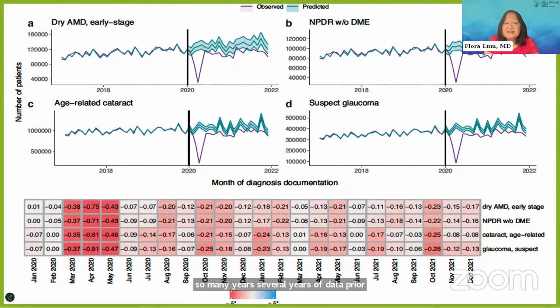You can see in the green, those are the expected, and then you see a very sharp drop in 2020, obviously March, April 2020, where we don't see the utilization for these different patients with glaucoma. And you can see in the red is where we saw the greatest drop in utilization, or visits.